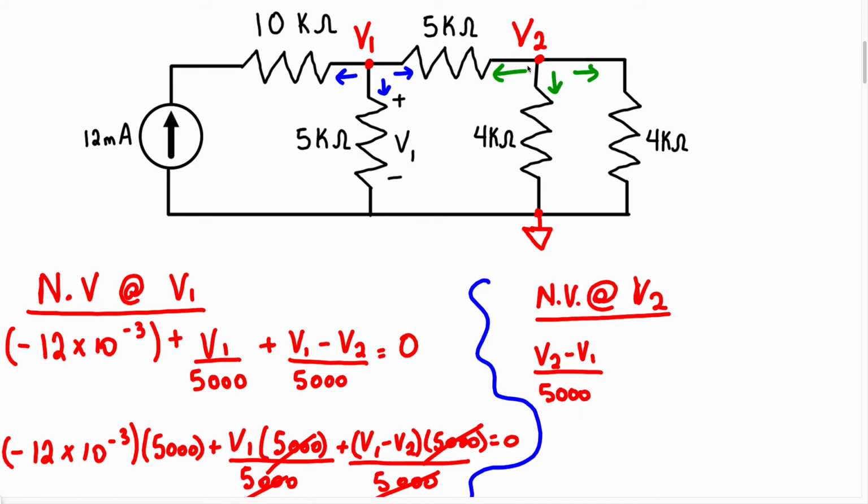Then we have plus V2, the voltage at node 2, over 4,000, which is the resistance of this resistor here. So we have V2 over 4,000. That's how we find the current in this particular resistor. And finally, we're going to have plus.